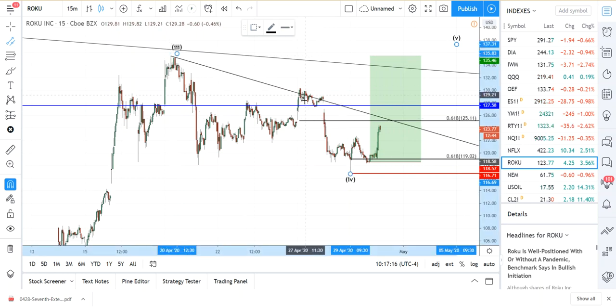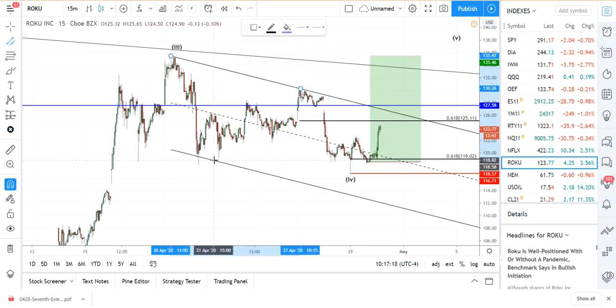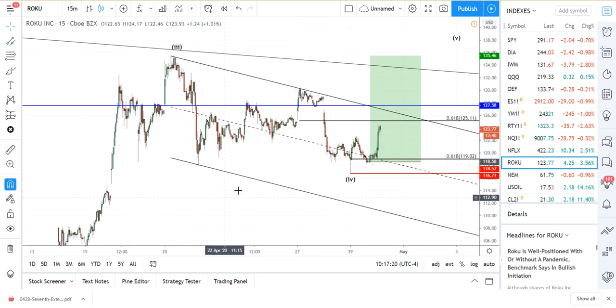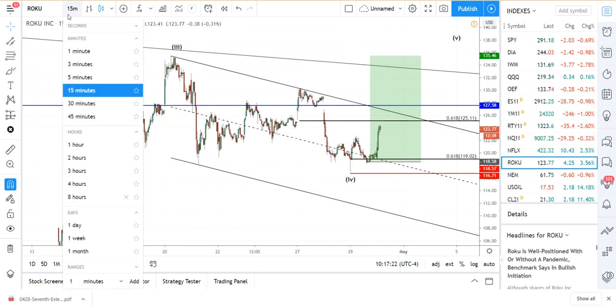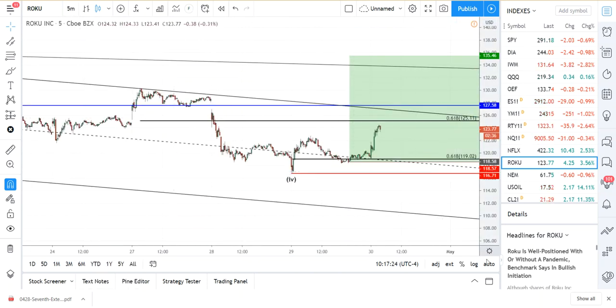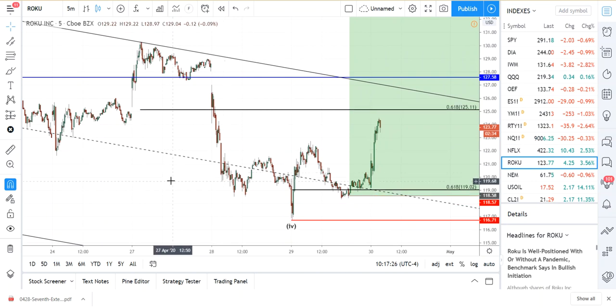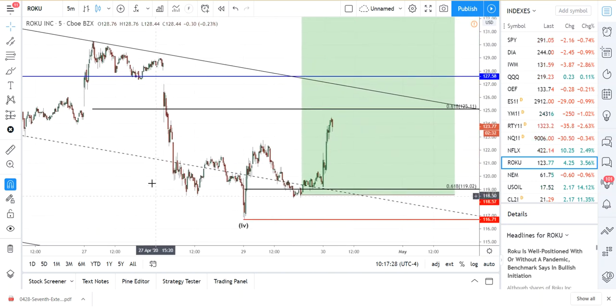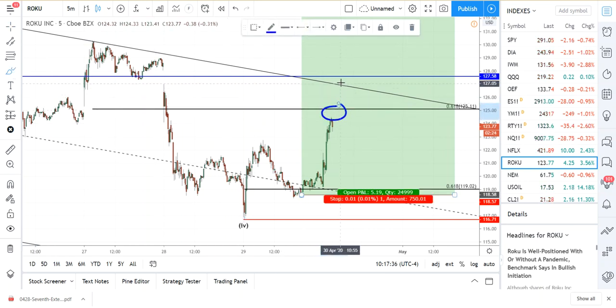Okay, so I'll do it like so. Throw that up, and you can see we've identified just based off of that alone, I've got 3 levels where I'm potentially able to get out. So this would be 1, here would be a 2nd, and this would be a 3rd.